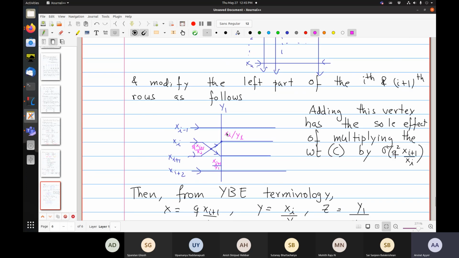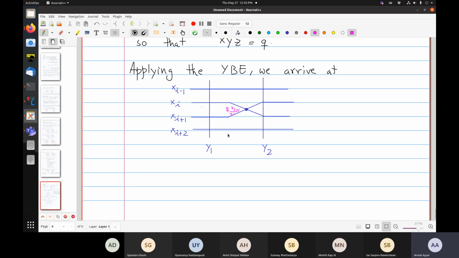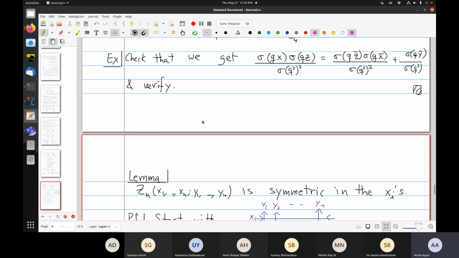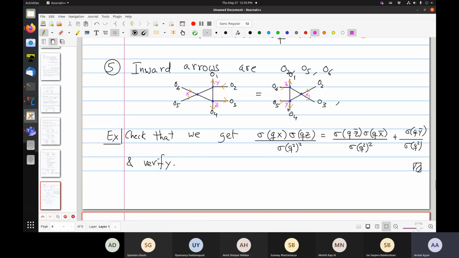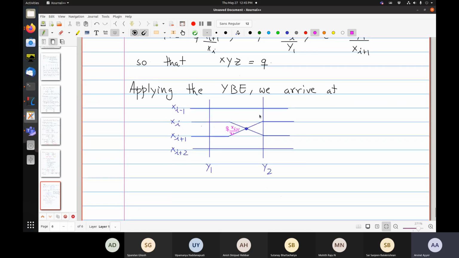So y here was xi by y1. It should go over here and become xi by y1. Sorry, on this side. So let's check. So it should come over here, which means over here, and so it is xi by y1.